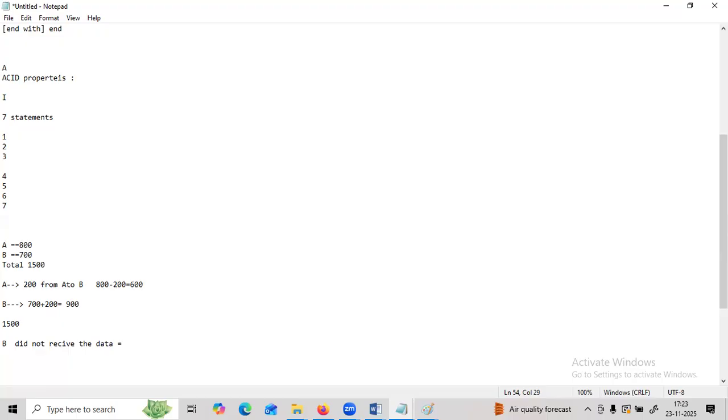At the end, the total system has 1,300. Why? Because B did not receive the data. So here the data is inconsistent, right? It should not be like that. Until B receives the acknowledgement, the amount has to be deducted, or it has to be given back to A.